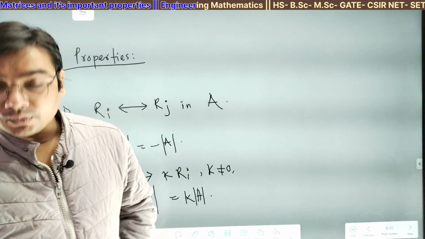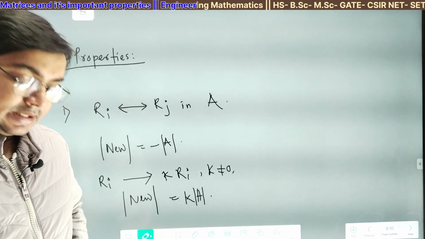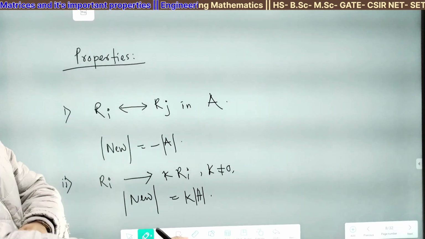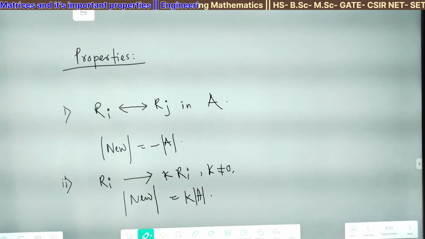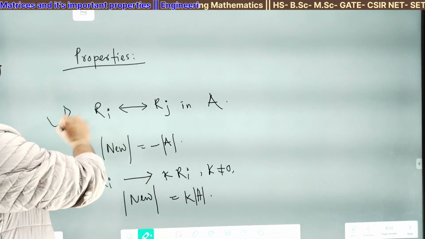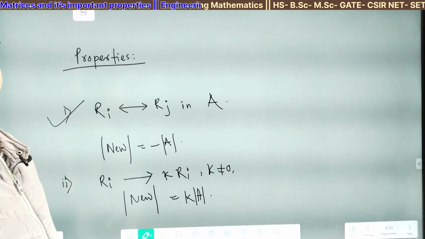There are a few important properties which are related to this determinant. Yes, so guys, you see there are many important properties. One is here, interchange the two rows. Yes, interchange any two rows.